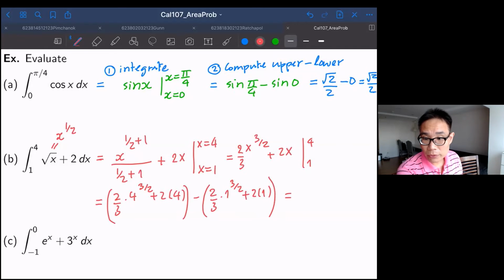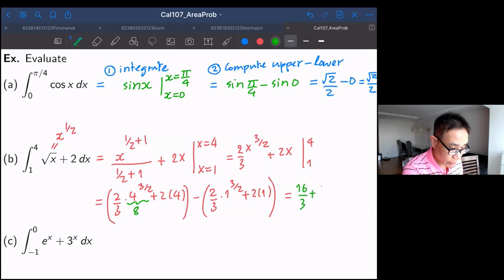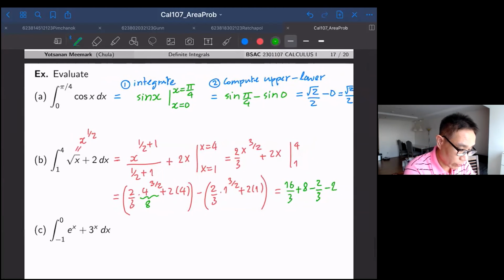This term will be 8. Let me compute this one. It's going to be 16 over 3 plus 8 minus 2/3 minus 2. How much will this be? I believe it will be 40 minus 8, so it's going to be 32. So this will be 32 over 3.